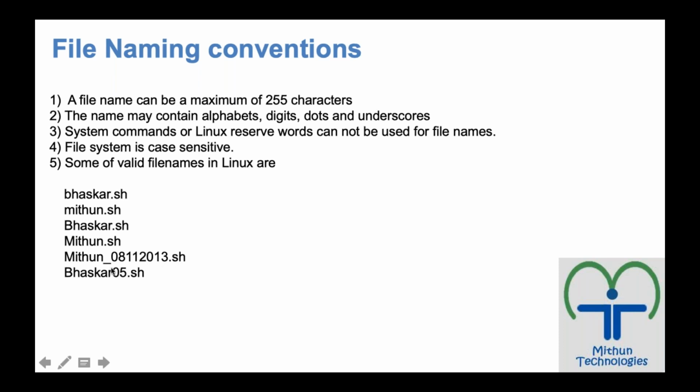Apart from dot and underscore, you are not supposed to use other special characters in a file name. Sir, if I keep a dollar in the file name, what will happen? If it is another programming language, Java and all, it will give an error. But in shell script, you are not going to get errors. But you have to follow the standards.